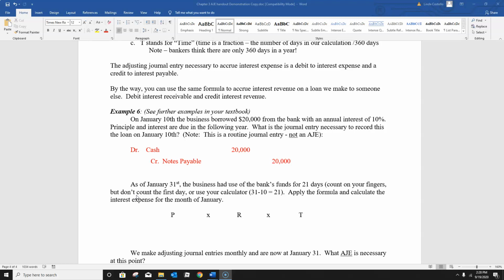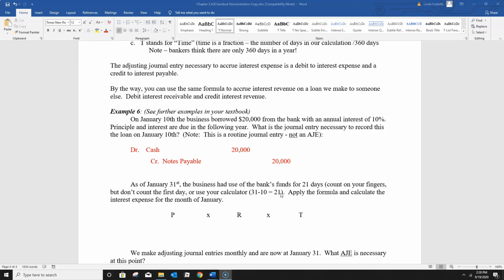You can count this on your fingers if you want, but don't count the first day. Better yet, use your calculator. Enter the number of days in the month that we borrowed the money. January has 31 days. And subtract from that the day on which we borrowed the money, the 10th. So 31 minus 10 equals 21 days.